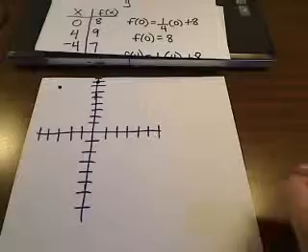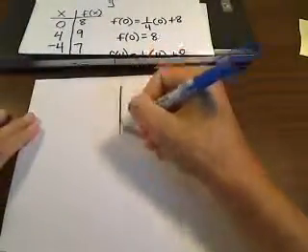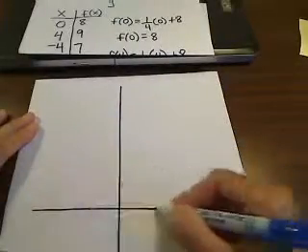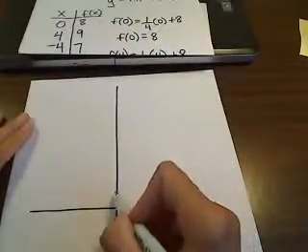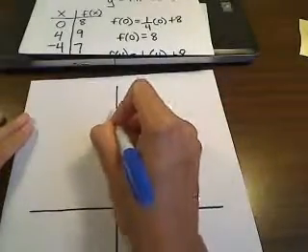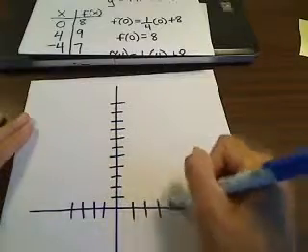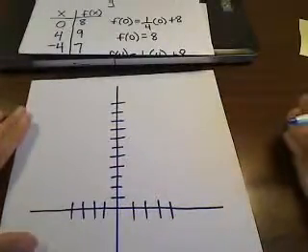You know what? I think I'm just going to redraw this. Let's give you a better graph than that. I'll make this axis a lot longer so you can see what's going on. Okay, that's a little better.